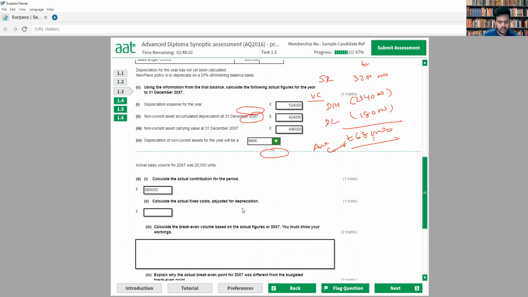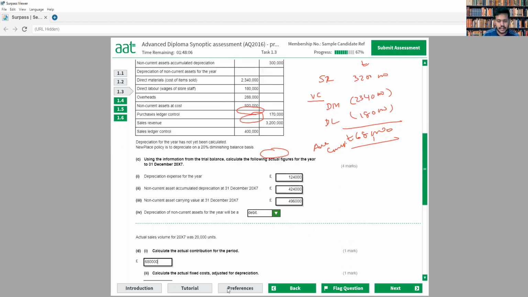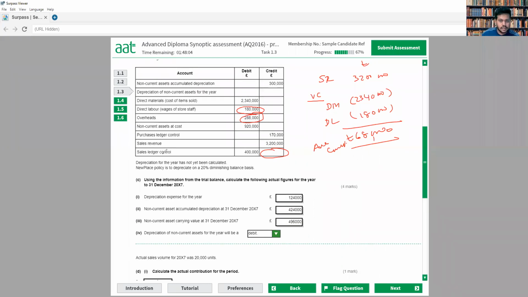Calculate the actual fixed cost, adjusted depreciation. So let's have a look how much depreciation you already have. So you have already overhead, that is 288. That's my depreciation overhead. So fixed cost. So I already have overhead, that is 288. They're saying adjust the depreciation. So depreciation is 124,000.